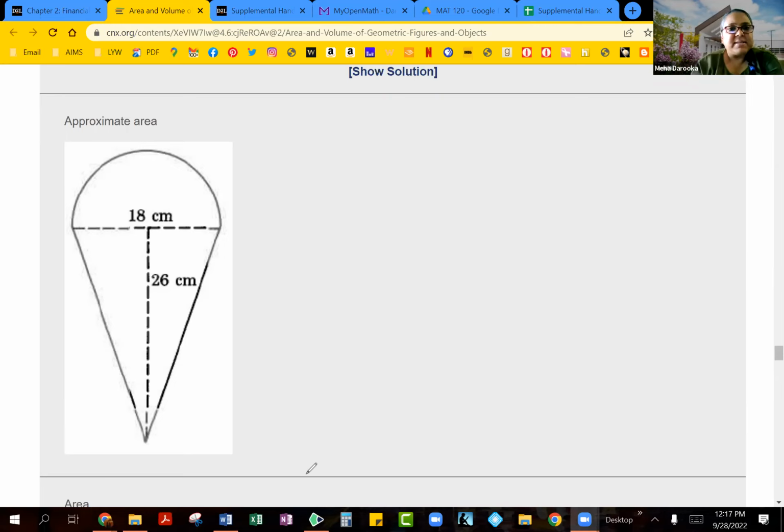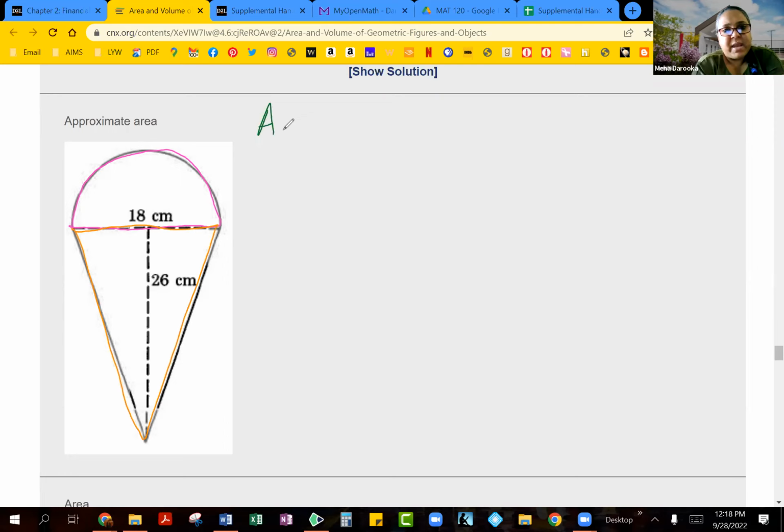Brooks, yeah, very nice. A semicircle and a triangle. And you can see they've given us the dotted lines in there, which will definitely make this a lot easier. So we're going to find the area of the semicircle first, and we're going to combine that with the area of our triangle over here.